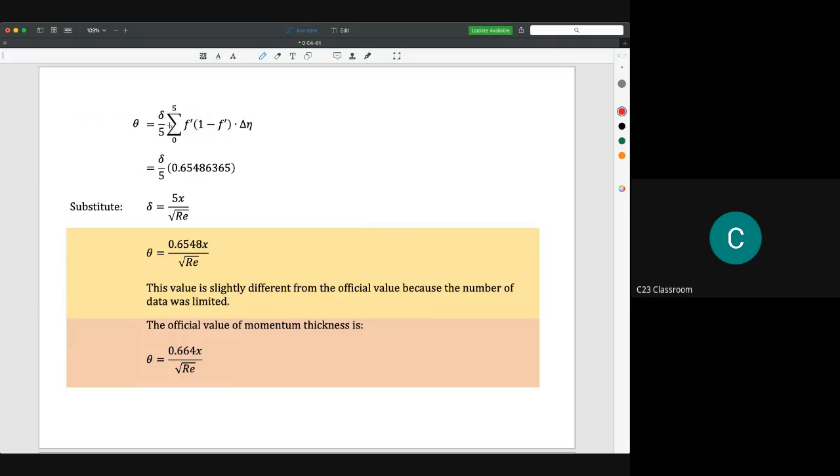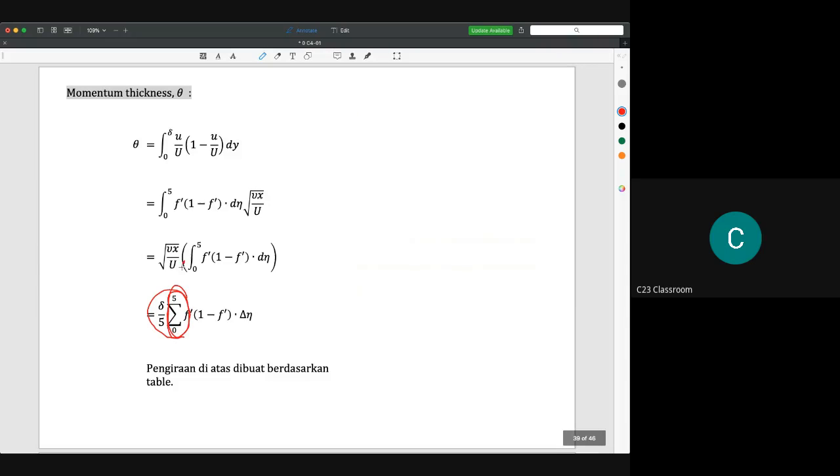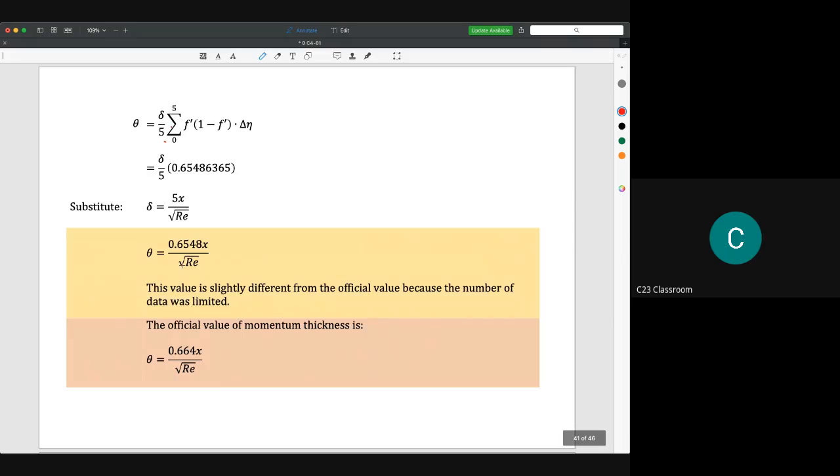I mean you have delta over 5. I hope you could understand this one. We just replace this one with delta over 5; you could refer to the previous step. Then we replace this term with these numbers according to what we calculated based on that table, and then we substitute the value of 5x.